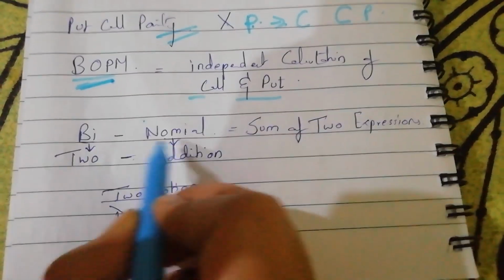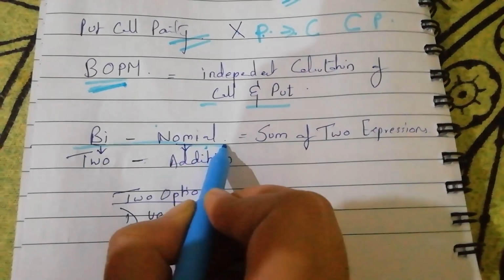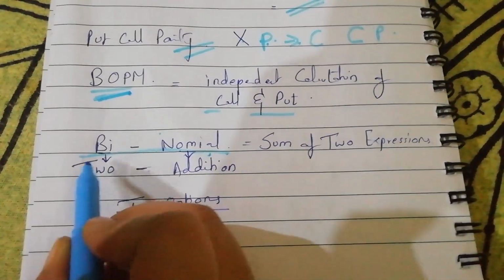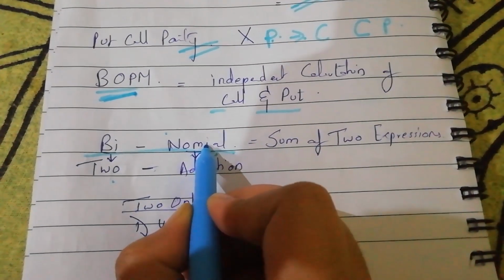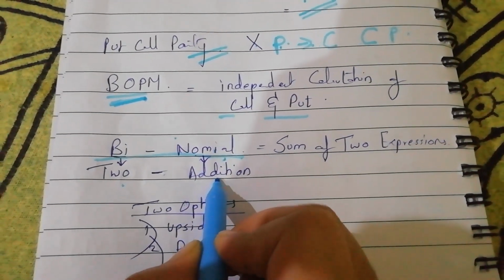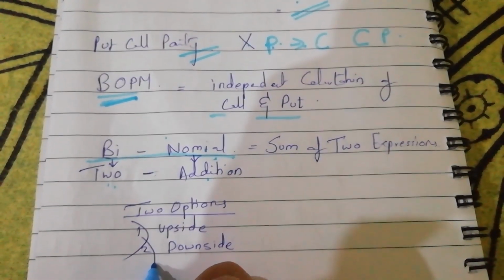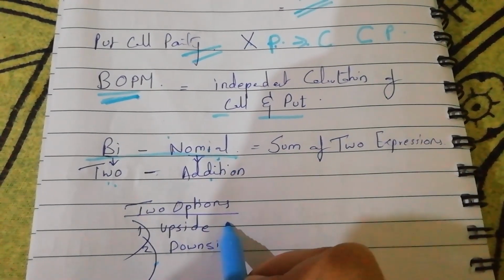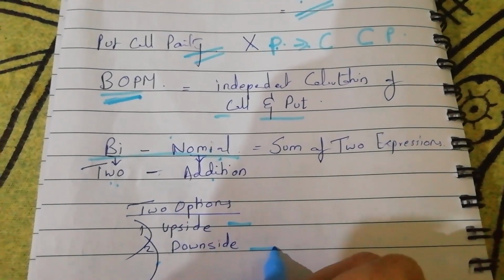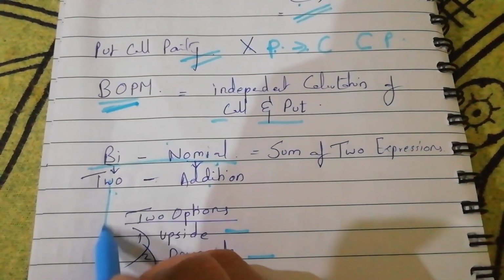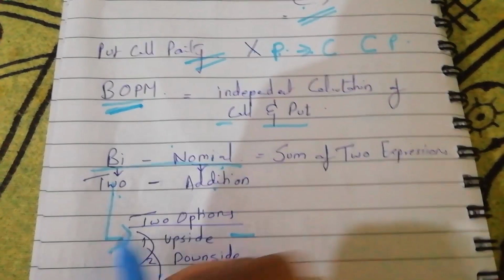So what does binomial mean? Binomial means sum of two expressions. Bi means two and nominal means addition. So these are the two options we have: either the price goes upside or it goes downside. So we have two options, that means it is bi.